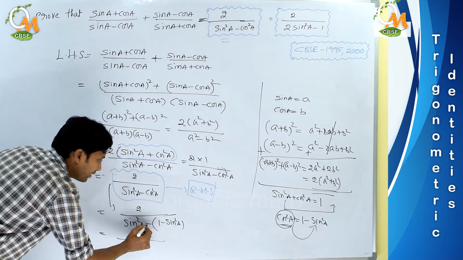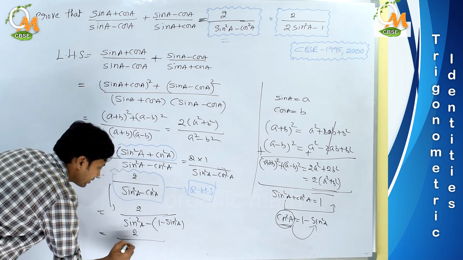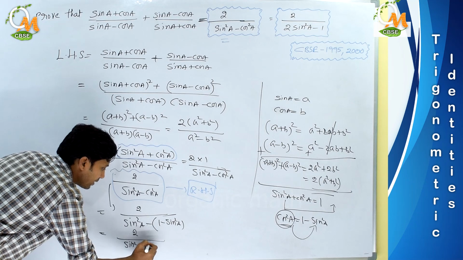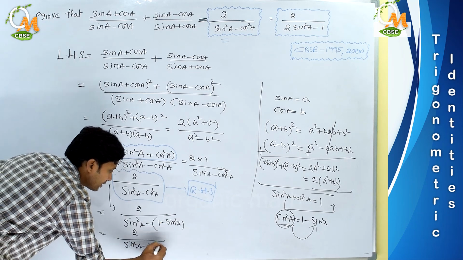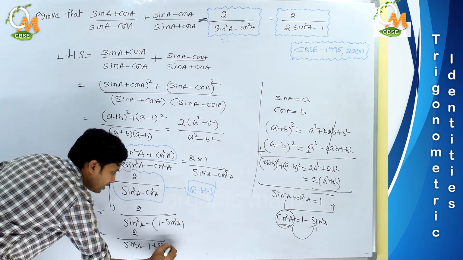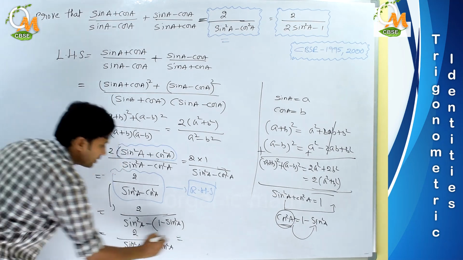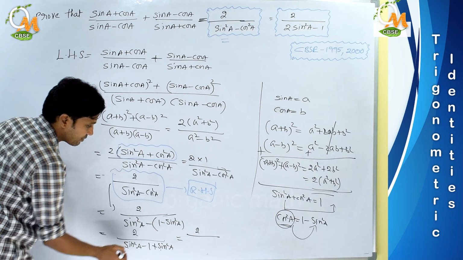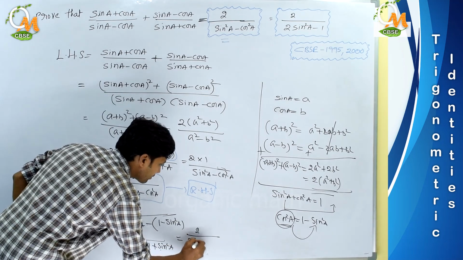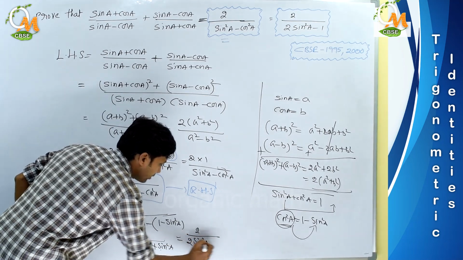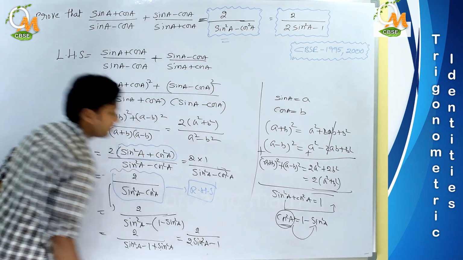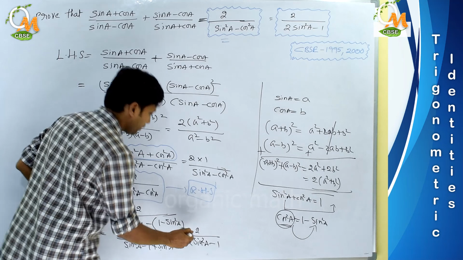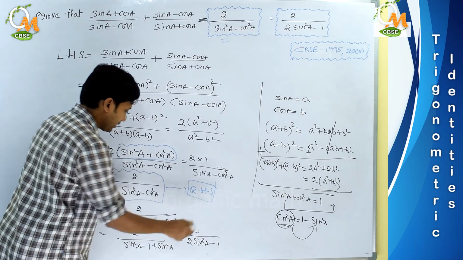To open the bracket, multiply with the minus sign: minus into plus sin²A... minus into minus 1 gives minus 1, and minus into minus sin²A gives plus sin²A. So sin²A and sin²A added together give 2 sin²A minus 1. I think we obtained our second answer also.